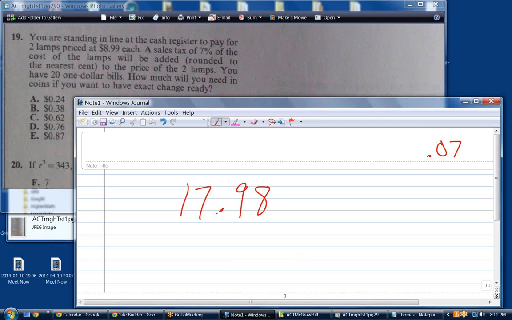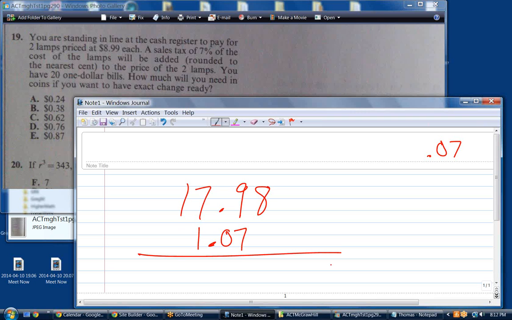So now how do we add 7% tax to this? There's 2 ways to do it. If you're manually doing it, the easier way might just be multiply it by that, and whatever I get, add it on to the purchase price. But that's the same thing as multiplying it by 1.07.